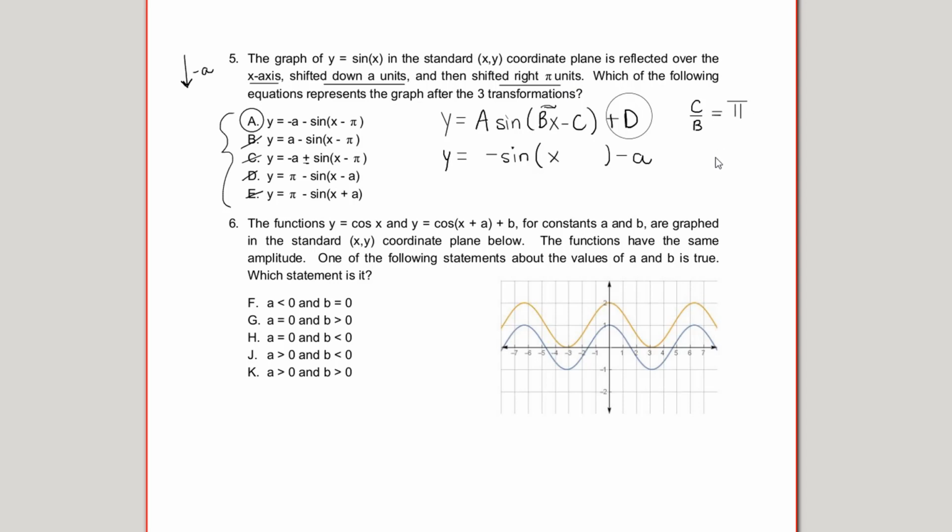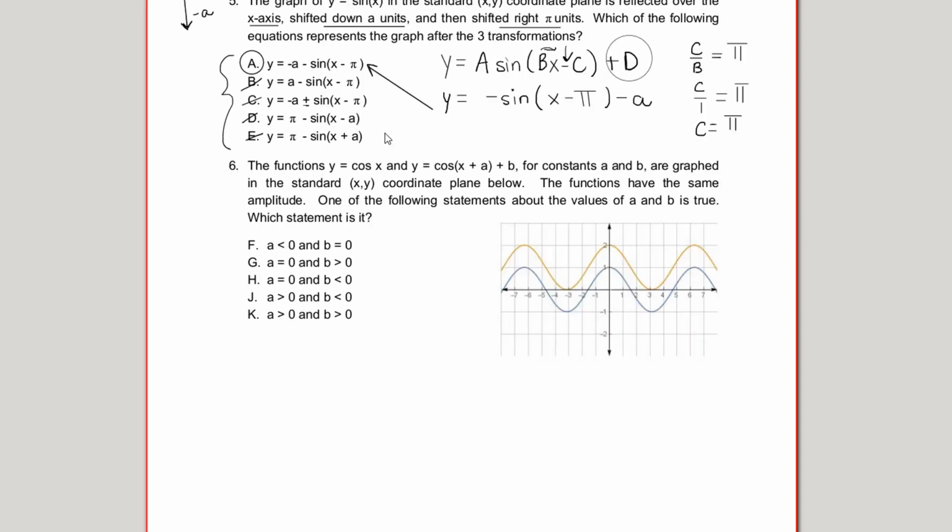So that changes our C. We can find C over 1 to be equal to pi. So in this case, C is just equal to pi. Remember, the negative sign is part of the standard equation. So when we plug in the positive pi, it comes to be x minus pi, and that all matches up with our answer choice A.